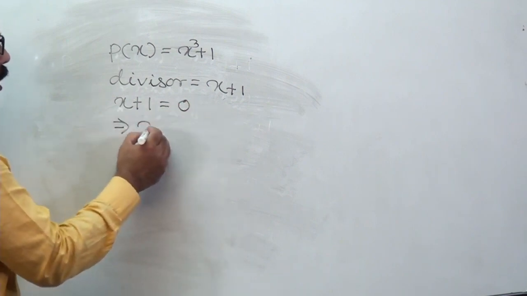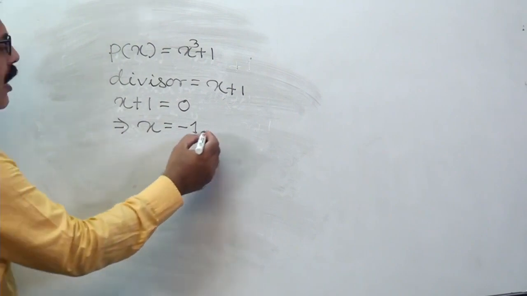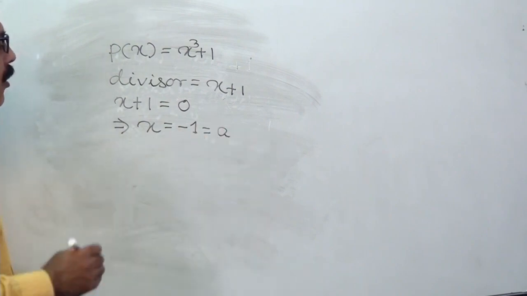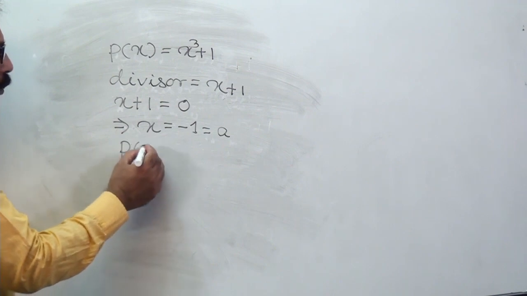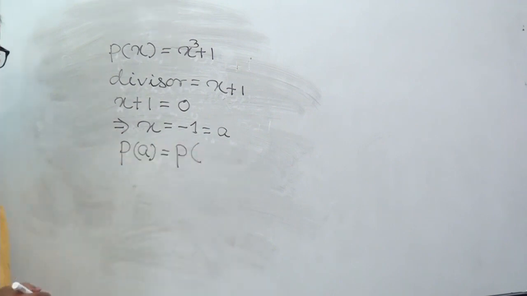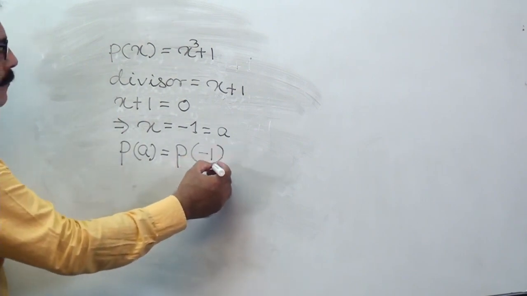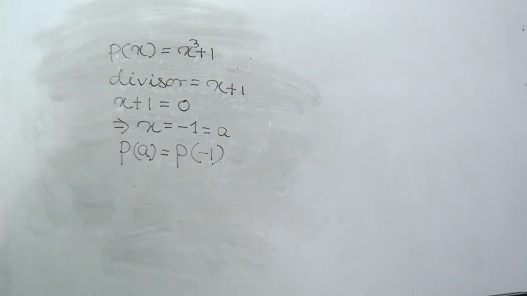That gives x equal to minus 1. So this is our a. We have to find p(a), means polynomial value at minus 1.